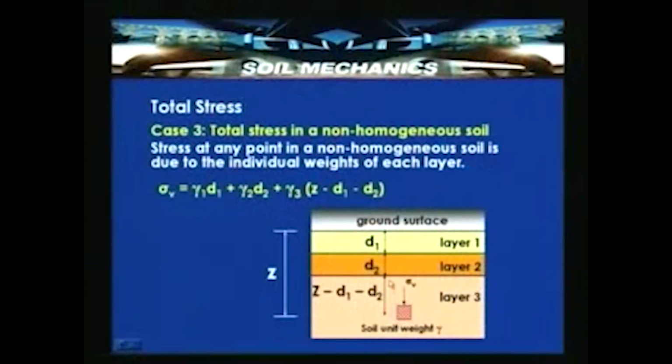So, the vertical stress resulting due to individual soil weights, sigma V at a depth Z, can be given like this: sigma V is equal to gamma 1 D1 plus gamma 2 D2 and gamma 3 into the thickness, that is Z minus D1 minus D2, this thickness which we are referring to now.